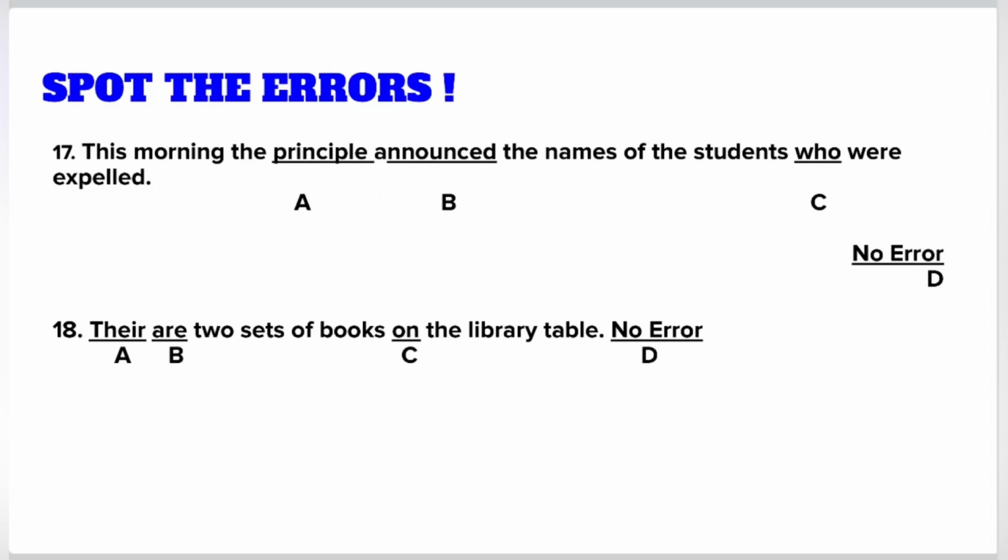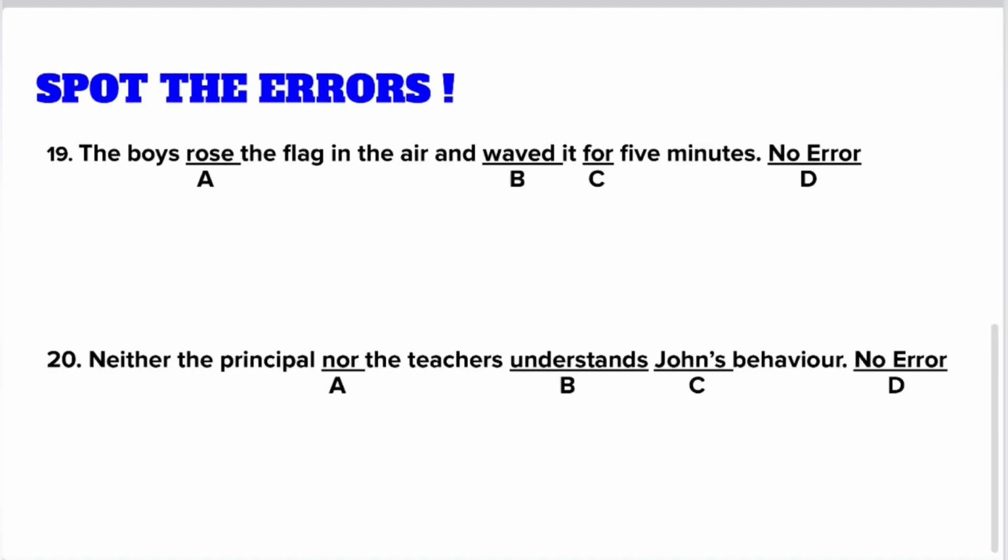Number 18. There are 2 sets of books on the library table. Very good. The answer is A. It should be T-H-E-R-E. Number 19. The boys rose the flag in the air and waved it for 5 minutes. Correct.